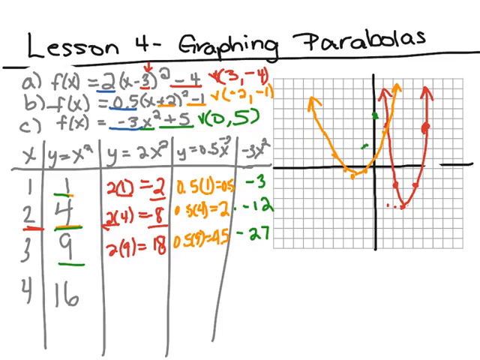Right here. And you can do it on both sides. If I go over 2, I go down 12. Which is down here. And you can do it on both sides because it is symmetrical. And then you connect your dots.